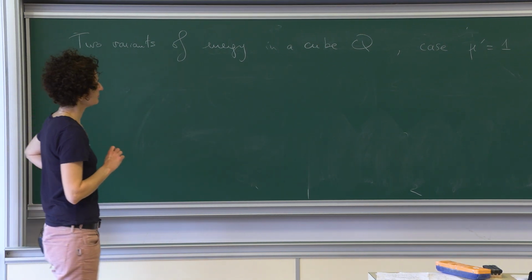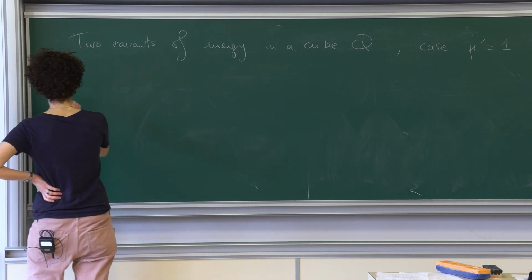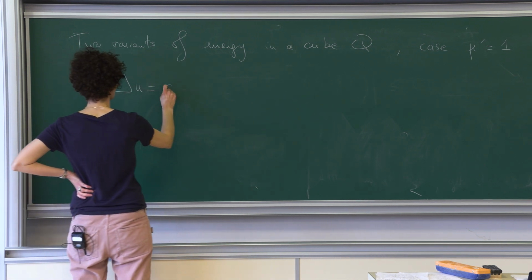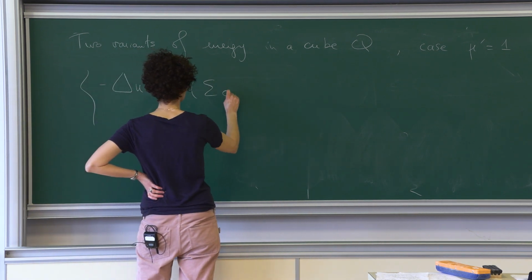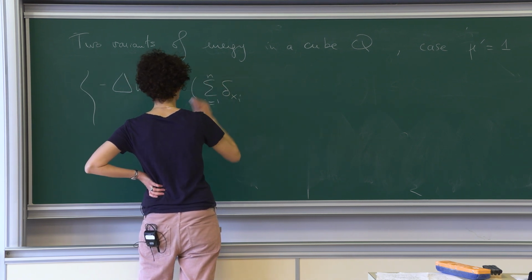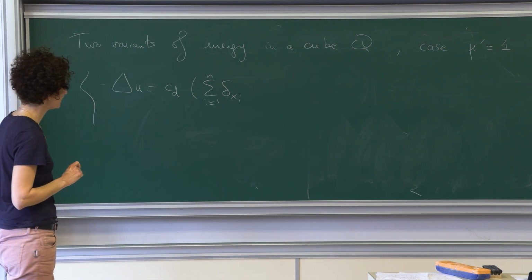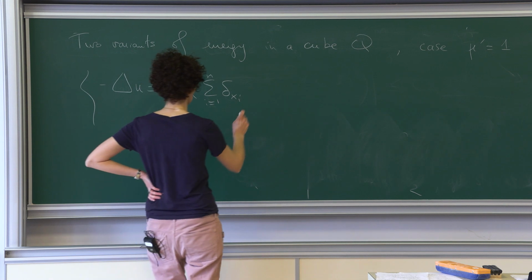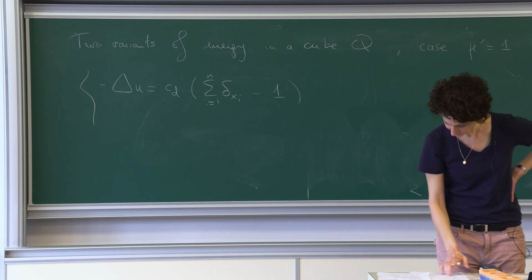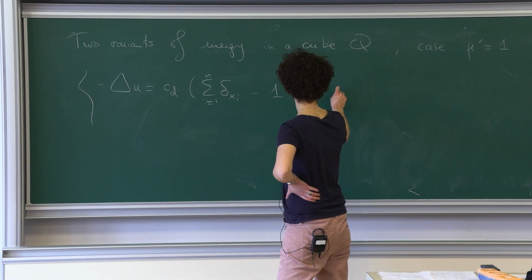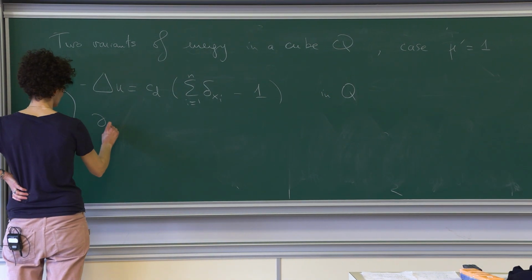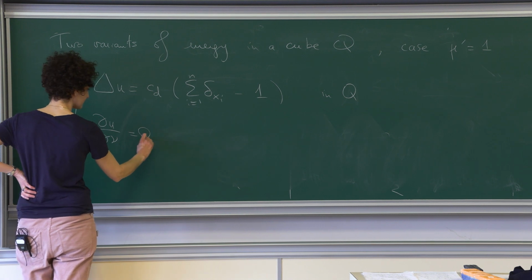So if mu prime equals 1, I'm going to define first a function u, which solves the usual Poisson equation that we've seen before. Now I have some points, little n, minus 1, this is my mu prime, minus 1. I can solve this in a cube, with Neumann boundary condition if you want.